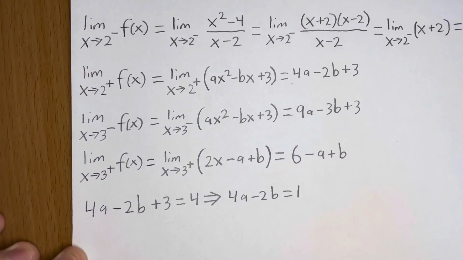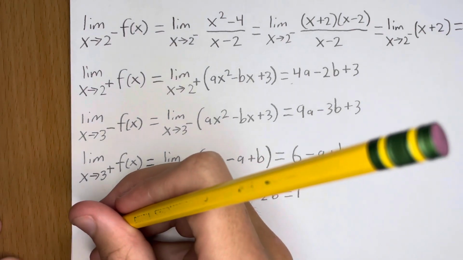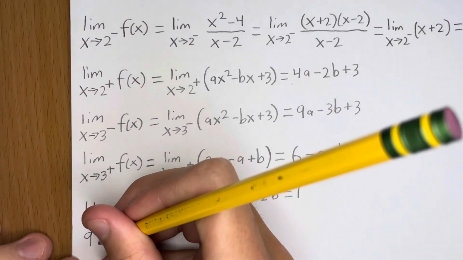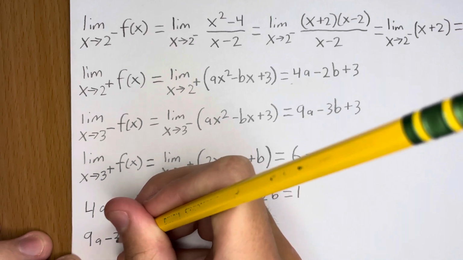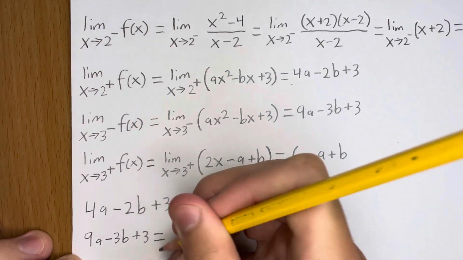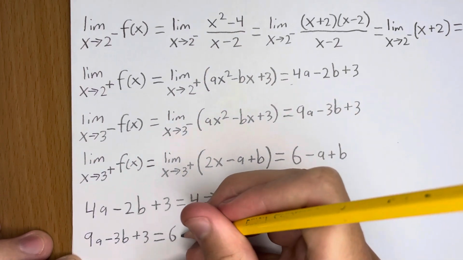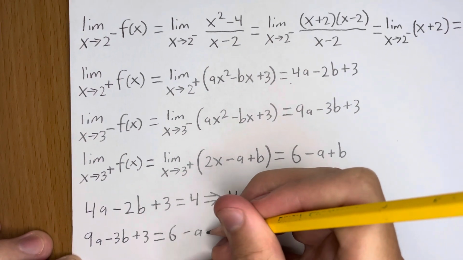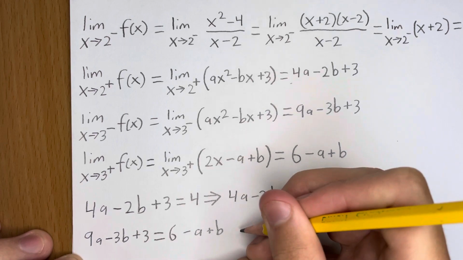And then for the other point, we can say that 9a minus 3b plus 3 is equal to 6 minus a plus b.